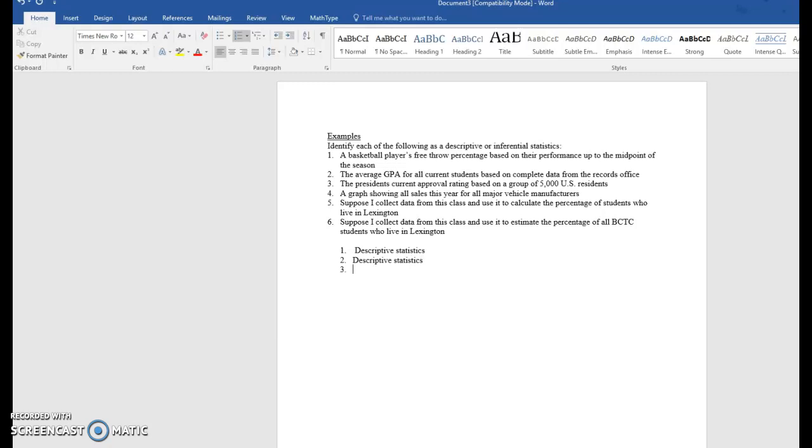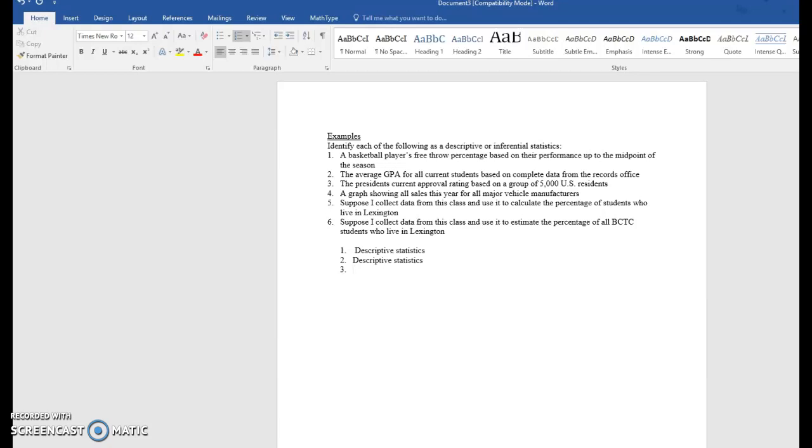Now question 3. The president's current approval rating based on a group of 5,000 U.S. residents. Let's think about this one for a minute. We're taking the opinion of 5,000 people, and we're then inferring that everyone in the United States has that same percentage of approval for our president.